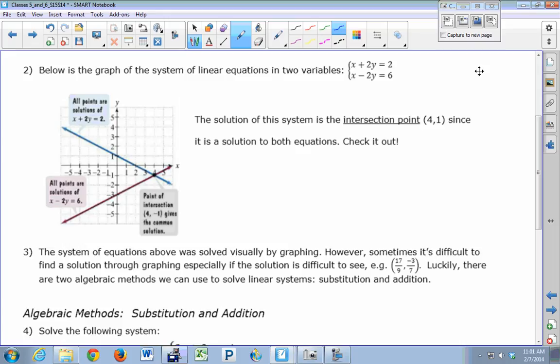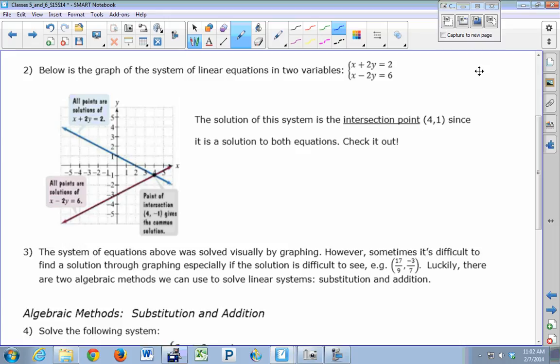And when we ask for a solution to a system, if there is one, visually that solution is where the two lines intersect. That's a point that they both share, a point that lies on both of these lines. It's called a common solution, or the solution to the system.